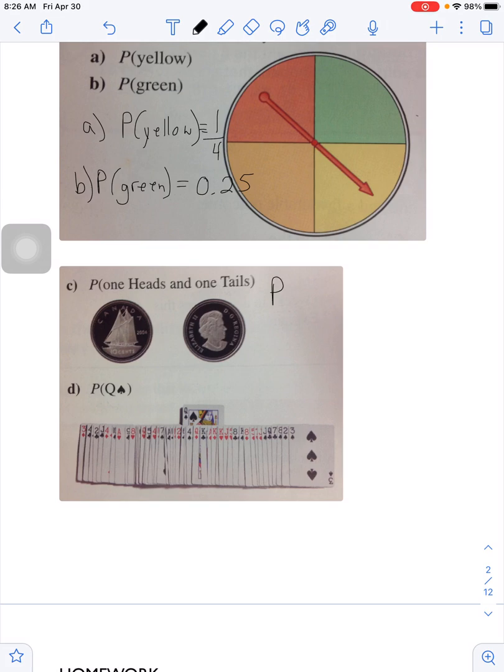So P of 1H and 1T equals 2 out of the 4 possible outcomes. 2 of them have one head and one tail. So 2 out of 4, that's the same as 1/2. We could show this as a percentage. That'd be 50%.